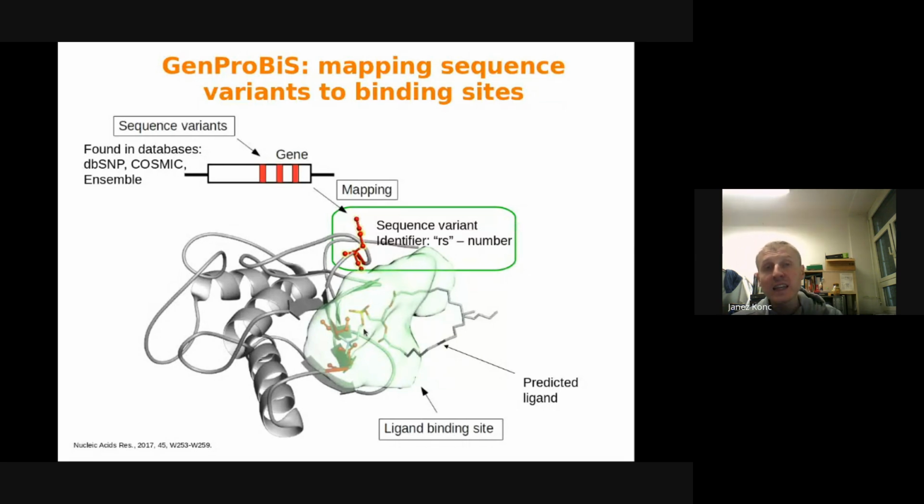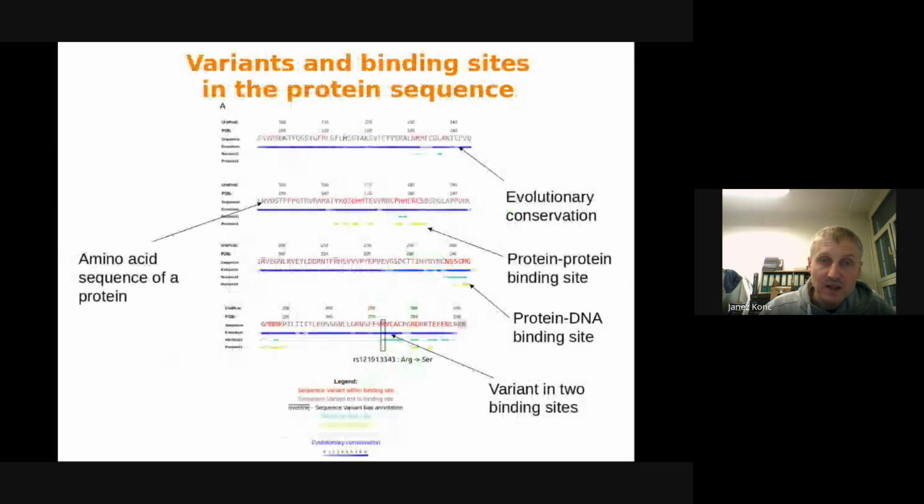This is the added value that our tool gives you, because using only the gene, we cannot tell if this is a ligand binding site or not. But if we map a sequence variant onto the structure of a protein, we can easily see with what ligands this sequence variant can interact.